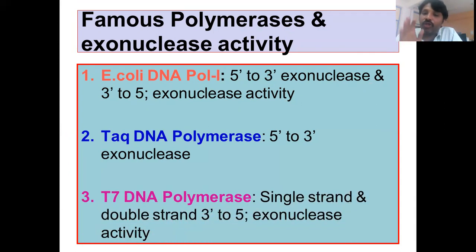T7 DNA polymerase has single-strand and double-strand 3' to 5' exonuclease activity.